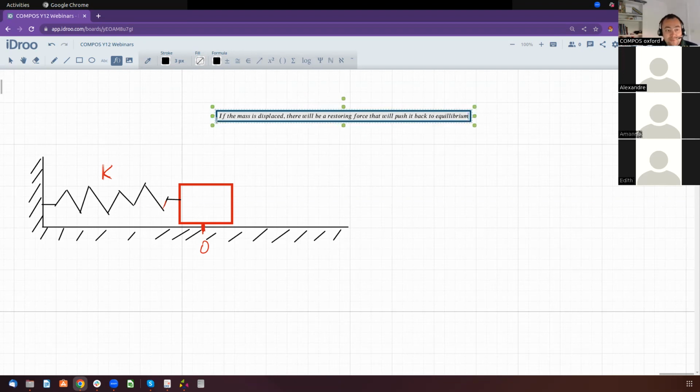And the definition of simple harmonic motion: an object performs simple harmonic motion if the restoring force is proportional to displacement.